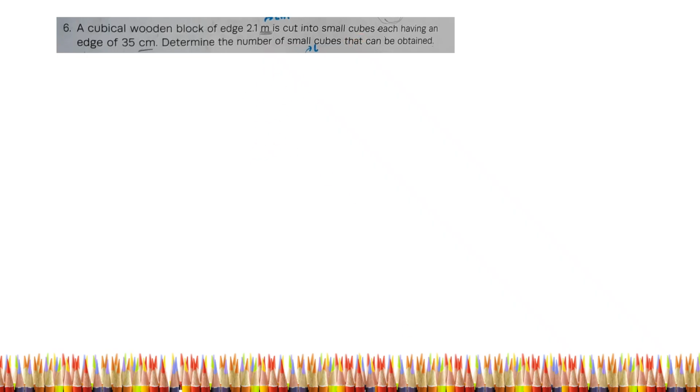So let's do it. Volume of wooden block is equal to, now this is given in meters, but the cube's edge is given in centimeter, so better to convert 2.1 meters into centimeters first.